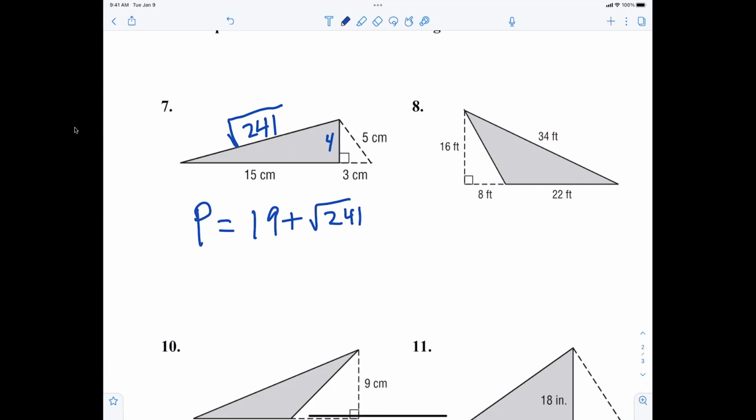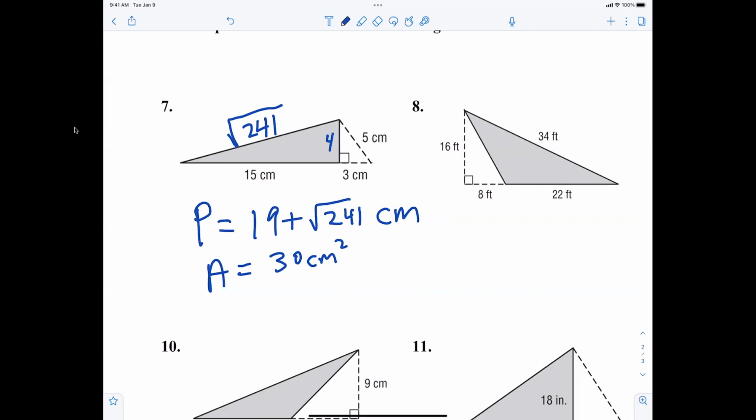And so now we would say centimeters, and now my area is what? How much? 30 centimeters squared. Does anybody need any help with that? Anybody? Nobody?